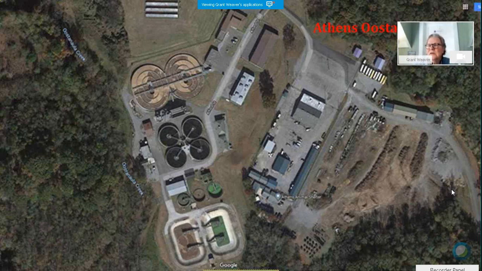So here's the Ustanola plant. You can see in the top has the two orbals. Just a little quickie schematic showing how the flow moves through the plant. So what was done here was to maximize phosphorus removal, they set up a side stream fermenter using some old plant equipment.